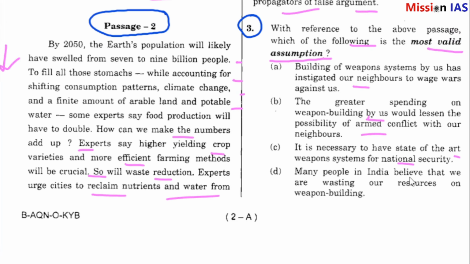Option 4, many people in India believe that we are wasting our resources on weapon building. So the answer is not very difficult. This is an assumption based question, so the answer is B: greater spending on weapons building by us would lessen the possibility of armed conflicts with our neighbors. This is one kind of philosophy.